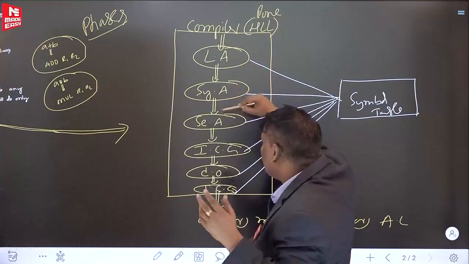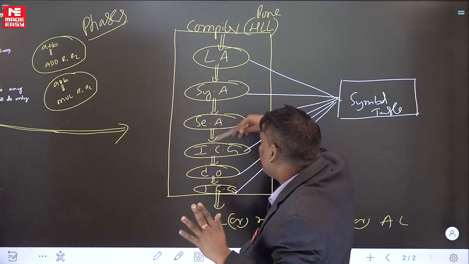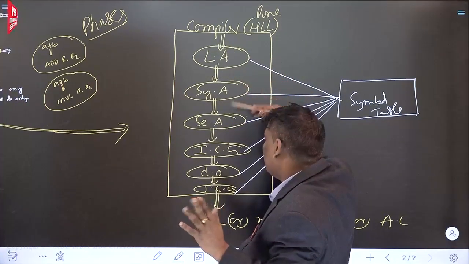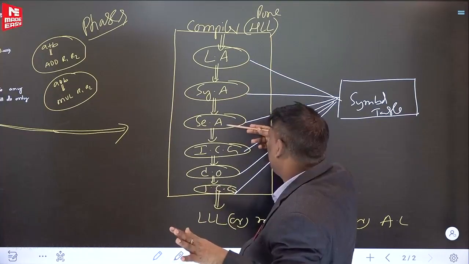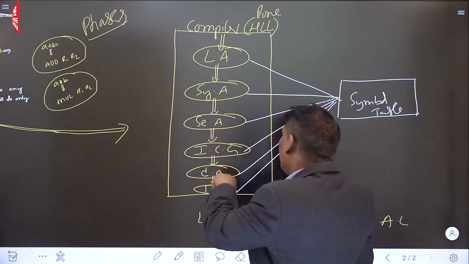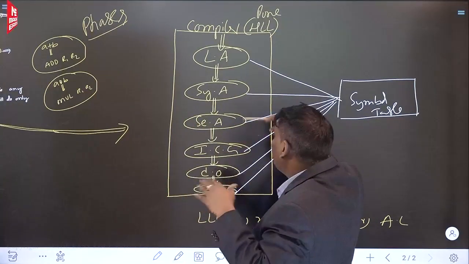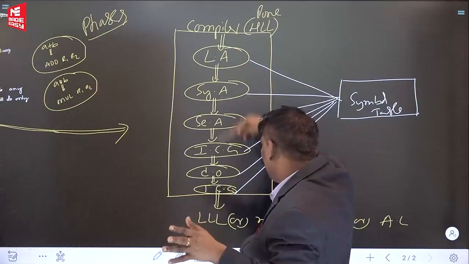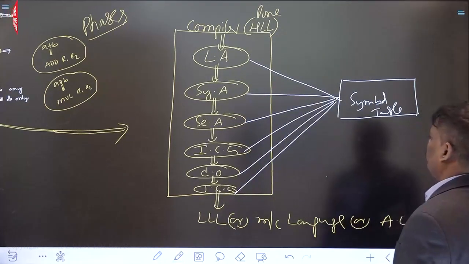Whenever compilation is going on a particular program, means all these 6 phases are running on that program. At that time, if they want to store something, where will they store it? They can store it in the symbol table.